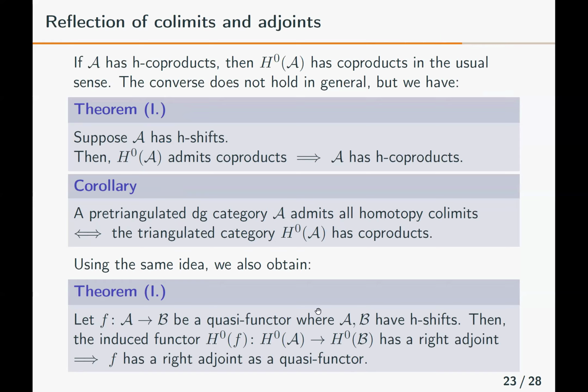As we have already seen, if a DG category A has H-coproducts, then the homotopy category H0A has coproducts in the usual sense. In general, the converse does not hold, but under the assumption of H-shifts, we obtain a reflection result. Namely, if A has H-shifts, then the existence of coproducts in H0A implies that A has H-coproducts.